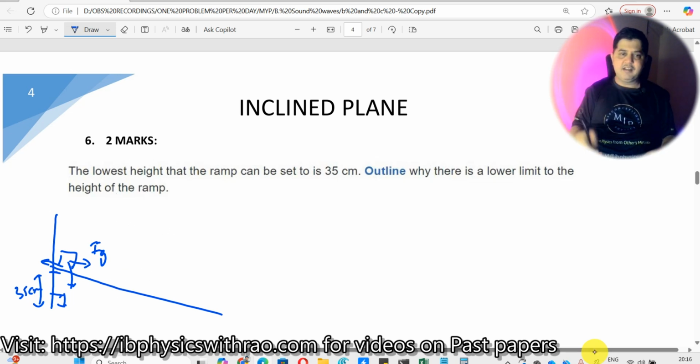Now I should write the answer; I cannot just show it directly. It should be for 2 points. Outline is the command term. I should not just write gravitational force.